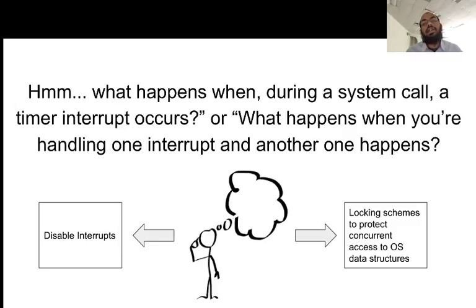Locking schemes basically do not allow any other operation to touch the data structures that you are trying to operate on. It's a lock. It's as if you lock this data structure so that no one can have access to it. And once you're done with that, you have to unlock it. And this is also something that you do in parallel programming.